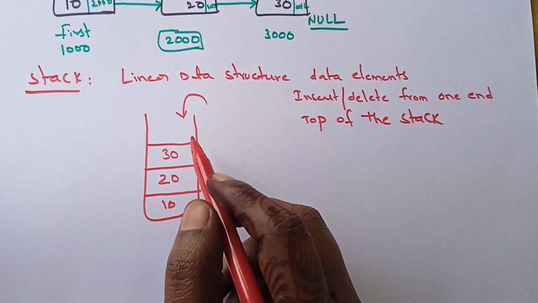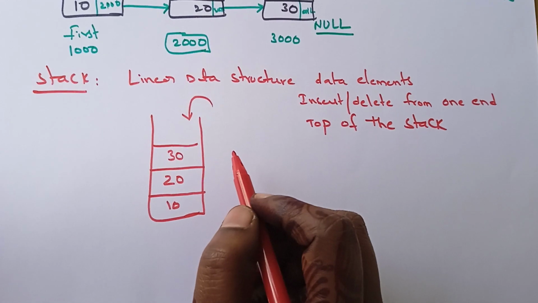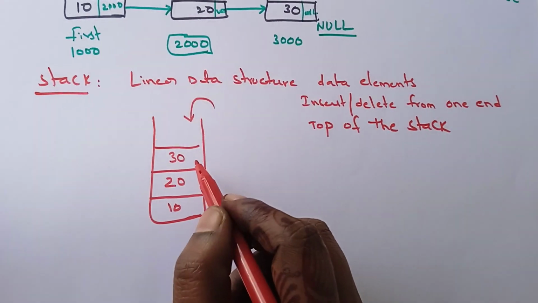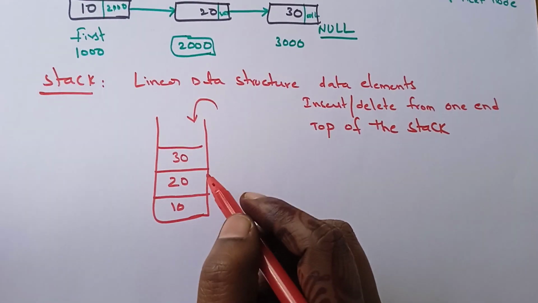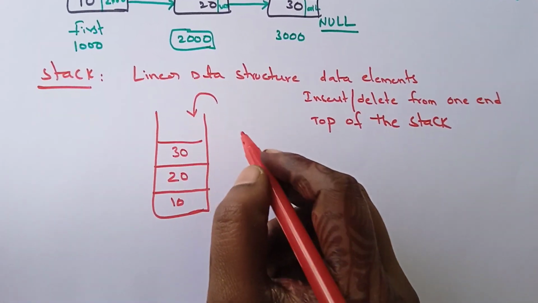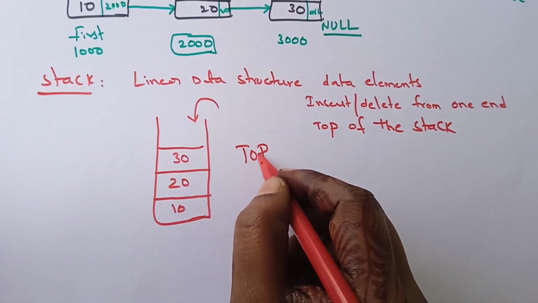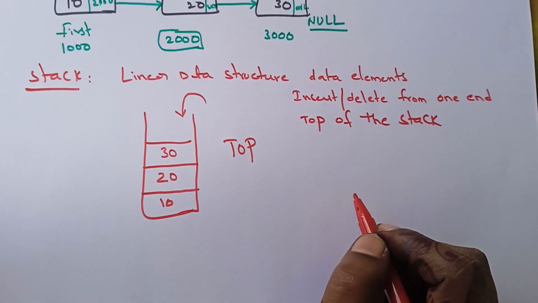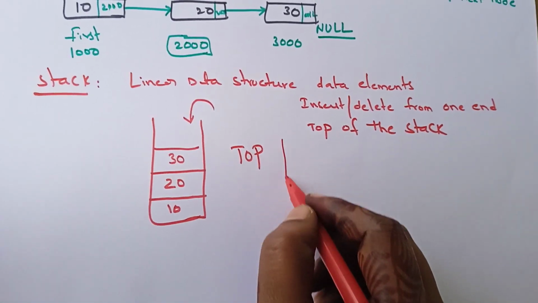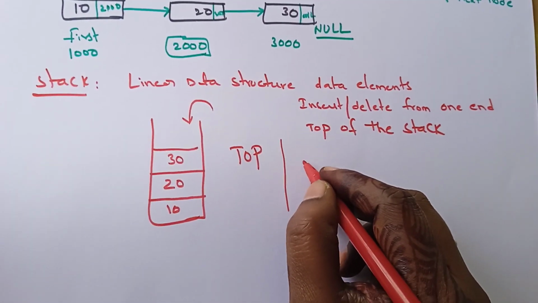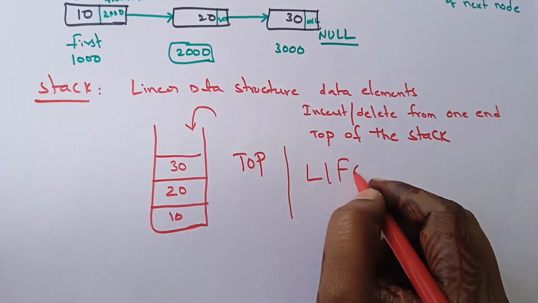Now if I would like to delete one of the elements, I cannot delete a random element. I can only delete the top element. So simply, stack representation is LIFO.